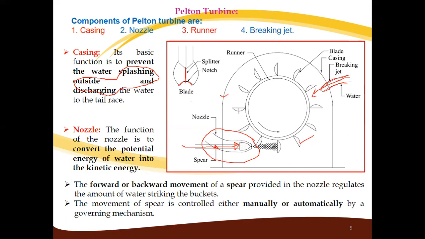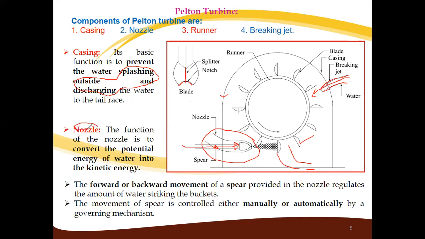After striking the blade, the water coming out would splash if this casing were not there. And also this casing provides the way to discharge the water to the tail race or into the rivers. So the first part is called the casing.